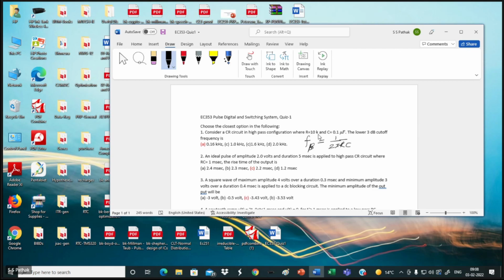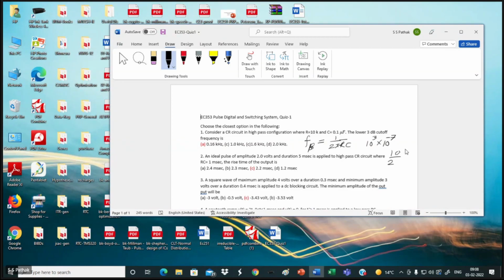Your R is 10K, R is 10 to the power 3, C is 10 to the power minus 7. It is coming in the denominator, so it becomes 10 by twice pi. C was 0.1 microfarad, it's not 1 microfarad.